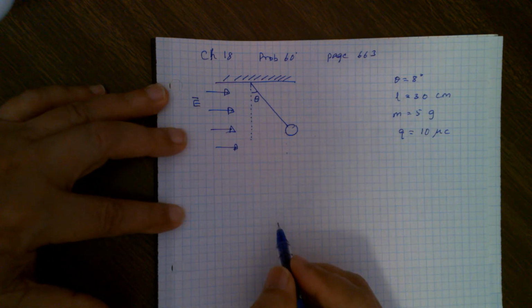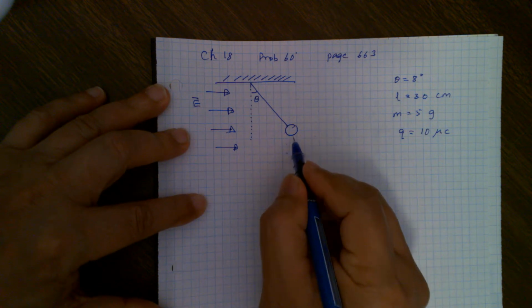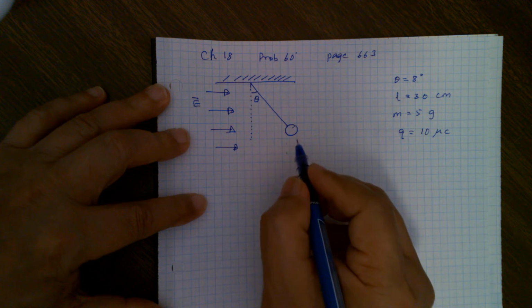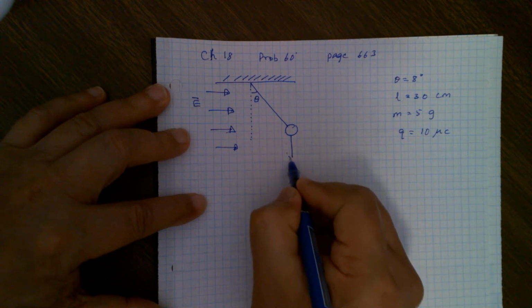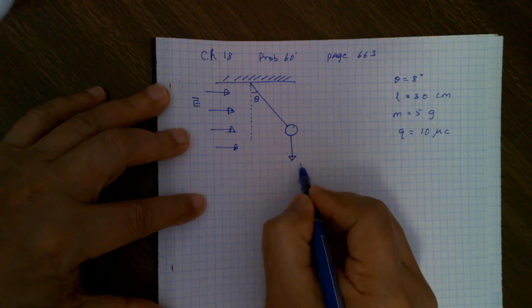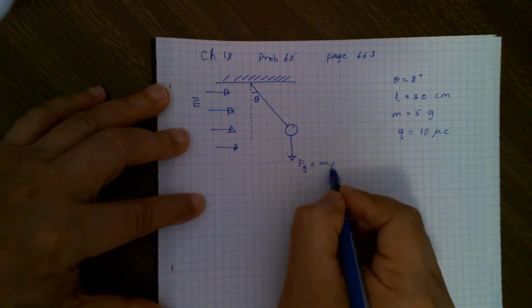So now there are forces on this object. That one is obviously gravity. So that's mg. I'll just write the magnitude. So the force of gravity, F gravity, magnitude is just mg.